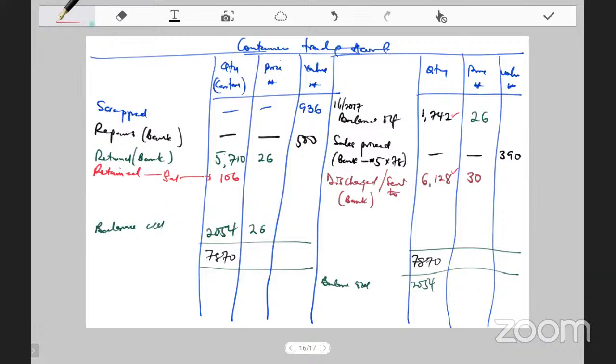We are now informed by the examiner that 5,710 has been returned, and the amount yet to be returned is 2,054. So it simply means a certain amount of containers is not returned, and when those containers are not returned, we refer to them as retained. So what's the unit that has been retained?